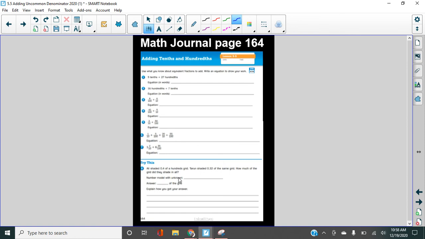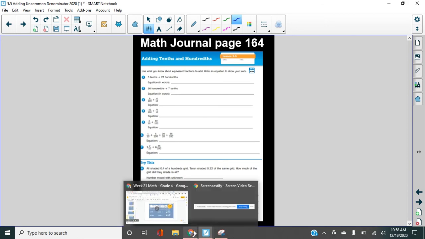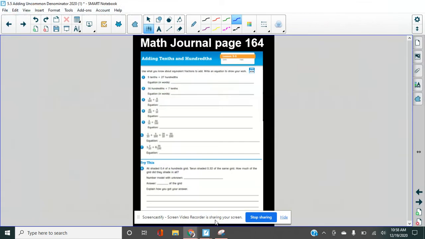So we're going to do all of the problems on this page. And if you need to look back at the video, just remember you can't add apples plus oranges and say the answer is bananas. You either need all apples or all oranges. So figure out ways to make those denominators match. If you need help with anything, please reach out and let me know. And good luck.